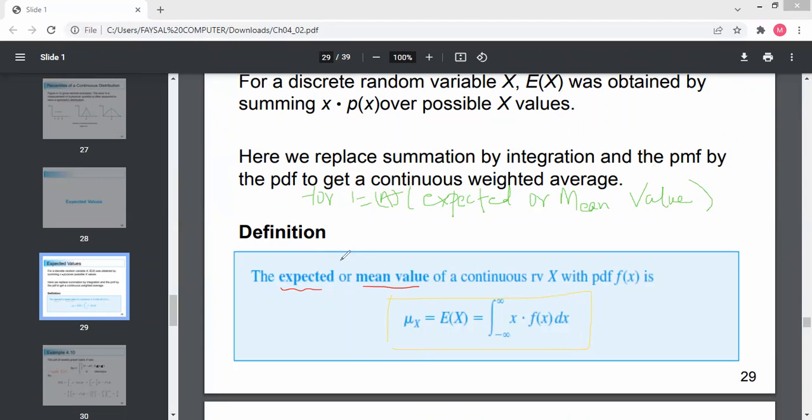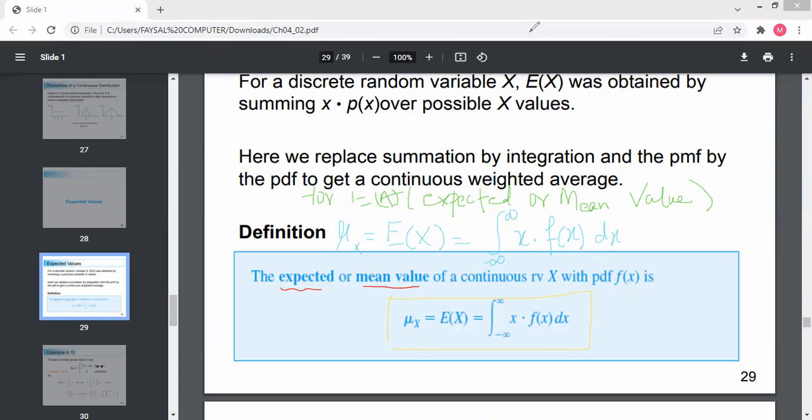So for my expected or mean value, it will be written as mu x or E of x, and it is the integral from negative infinity to positive infinity of x multiplied by the function f of x, with respect to dx. So this is basically the expected or mean value of a continuous variable with PDF f of x.